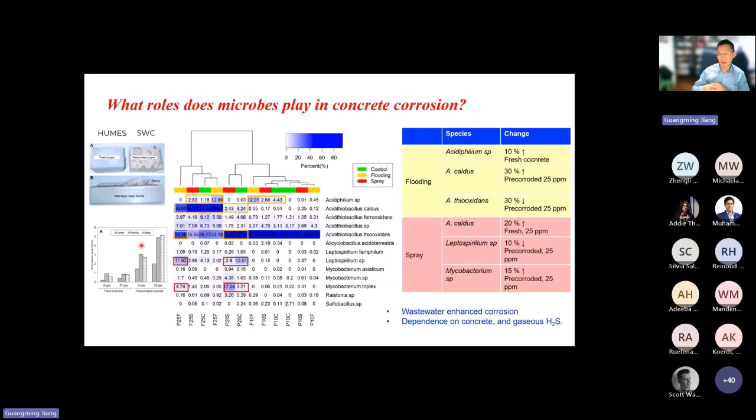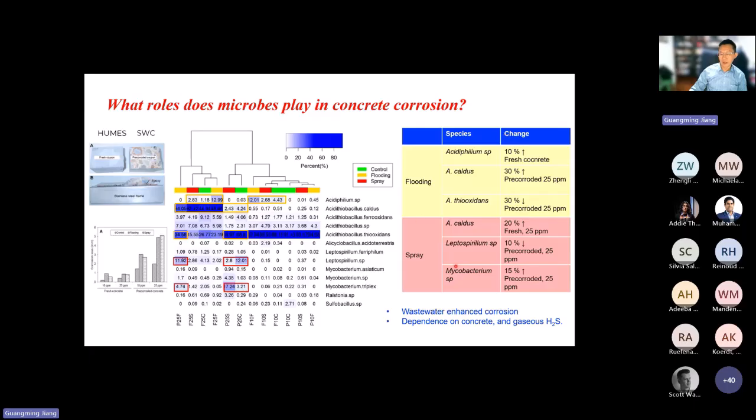Those are the typical operational conditions in the sewer system. From that, we can identify the microbial communities under those different conditions, different types of concrete, different hydrogen sulfide concentrations, and different wastewater inoculation conditions.